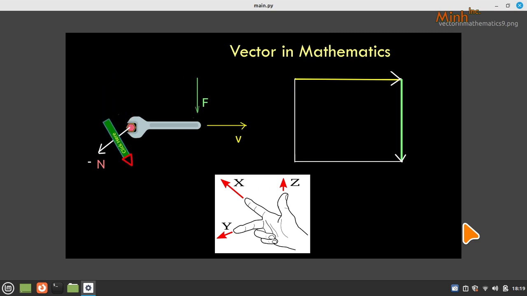So what is the rule of this? If I consider this as x, so horizontal is x and this is y, then by the right hand rule, x and y give the normal to the xy plane, that is z. This is kind of obvious. So here in this case this is x and this is minus y, so the force we are applying is minus y.